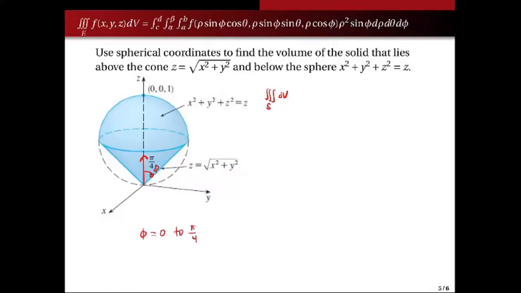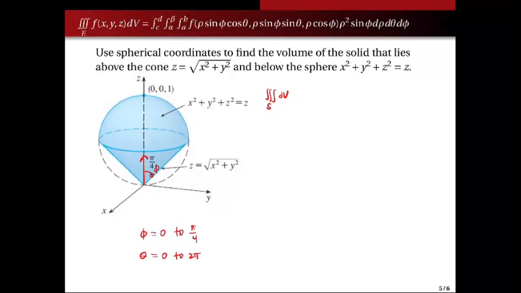And then, since we are considering everything in here, all the part in the solid, all throughout, our theta will run completely one revolution, which means the theta will run from 0 to 2 pi.